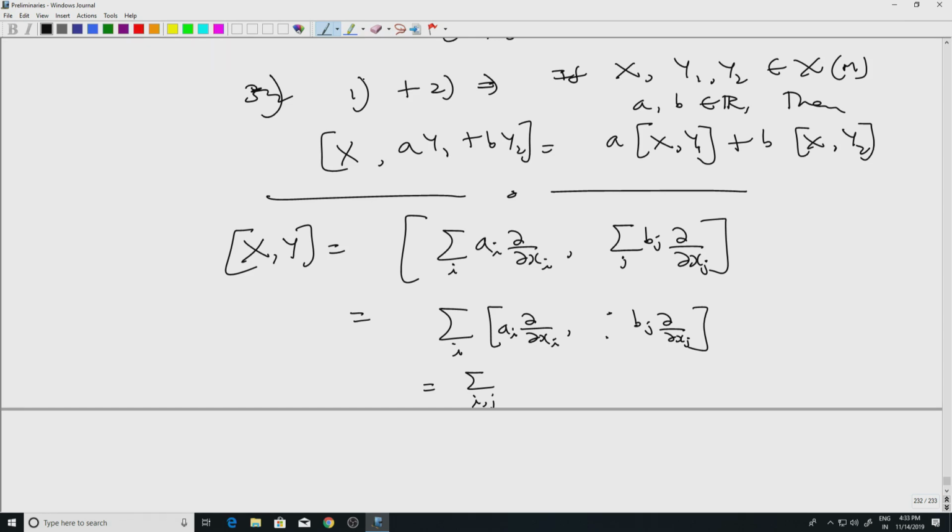So what one gets is the bracket of ai del by del xi, comma, bj del by del xj, both within brackets. In my next lecture I'll simplify this and we'll see. It's mainly for computational purposes, and the expression that we are going to get has no special significance. Then I'll talk a bit about Lie brackets of left invariant vector fields. Okay, thank you.